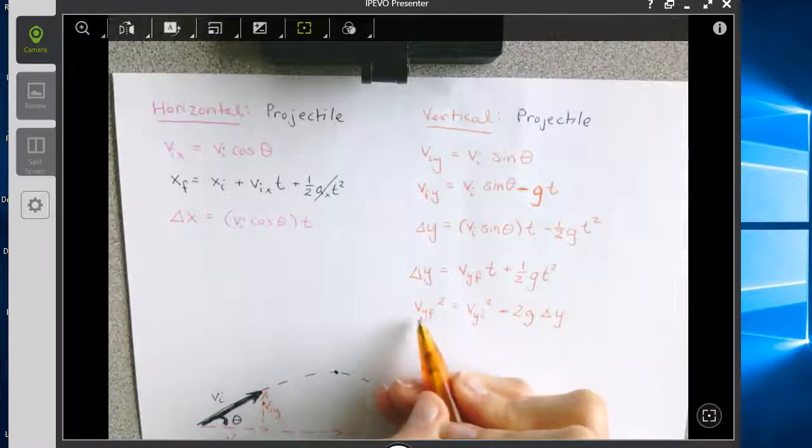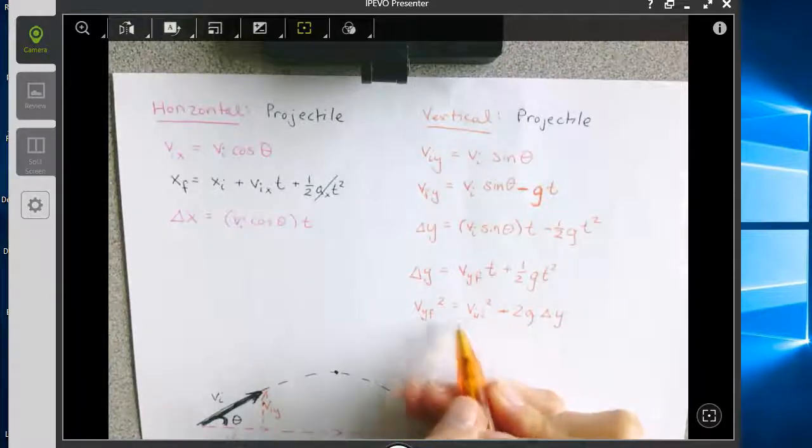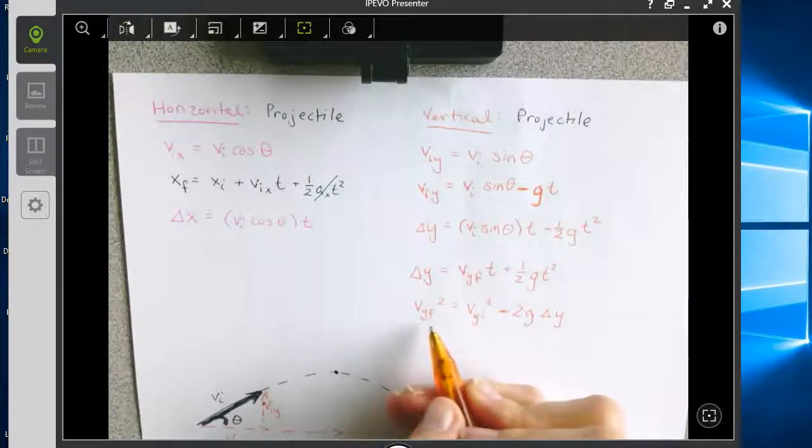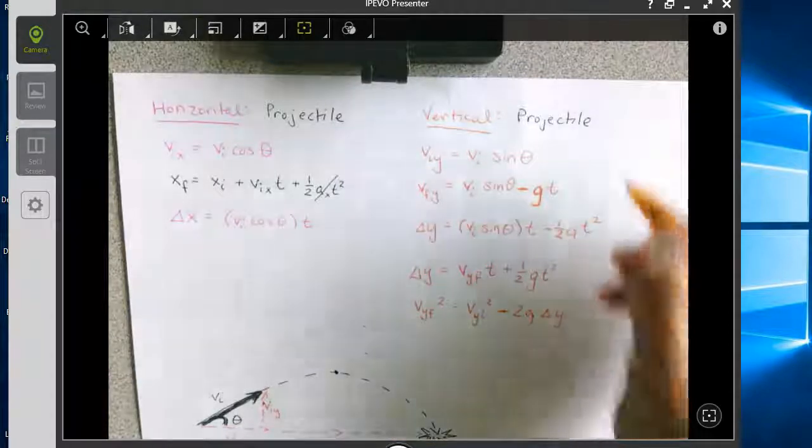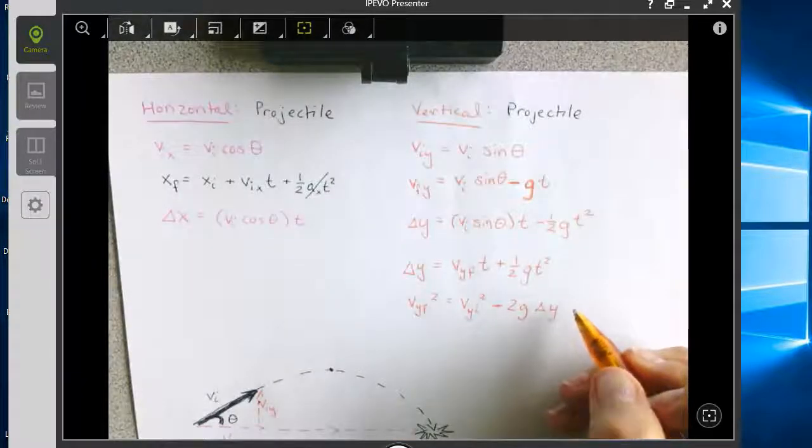This has to be initial vertical velocity. This has to be final vertical velocity. All these guys are all tagged with y's. It's all in the vertical.